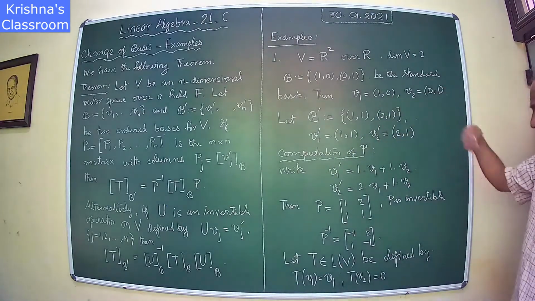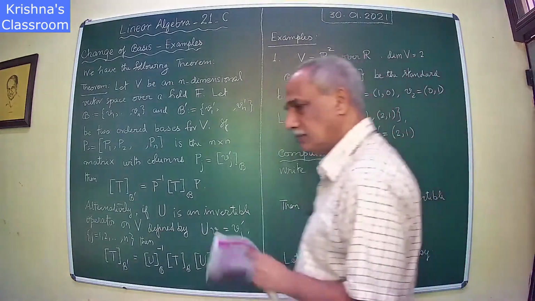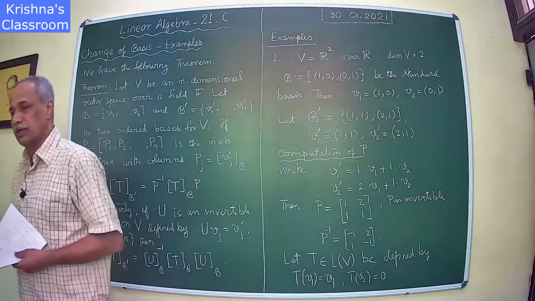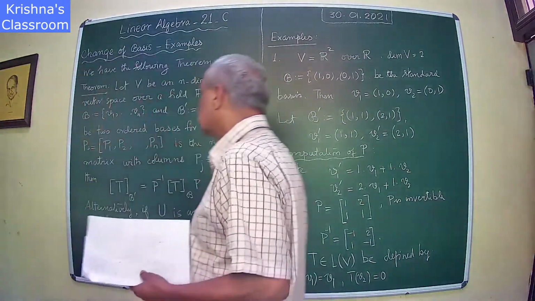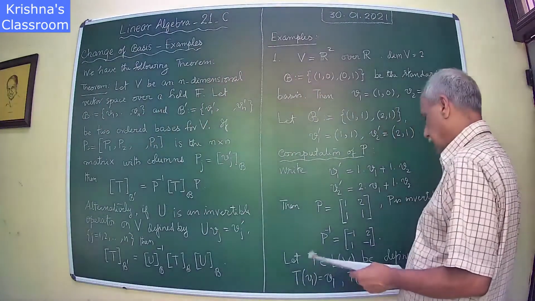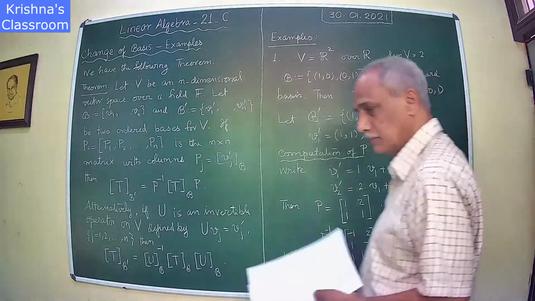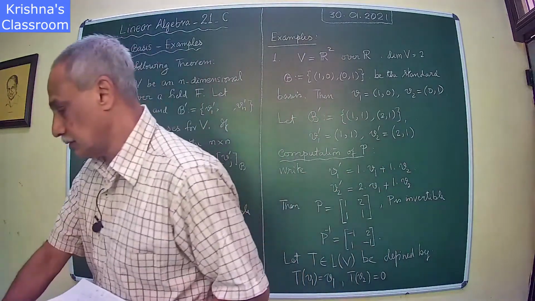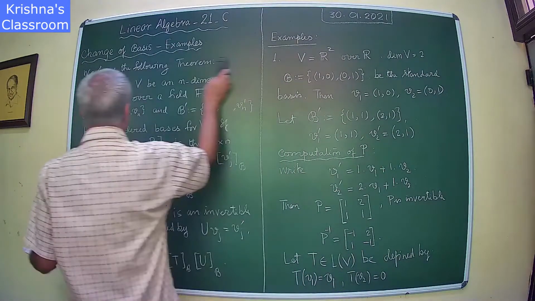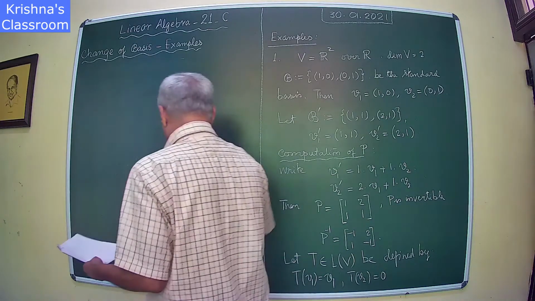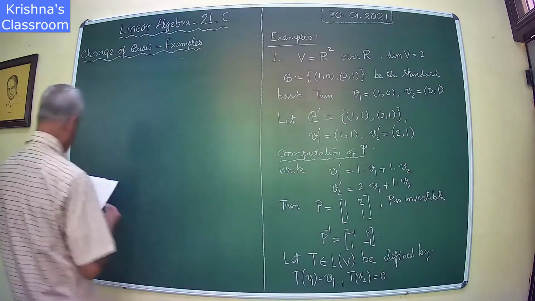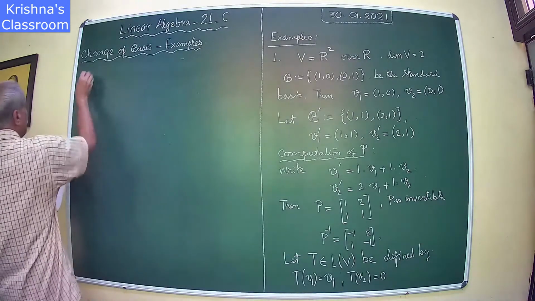Because what you are doing is you are prescribing at V1 and at V2 the value of T. Now let us see what is the matrix representation for T. That's the first step.